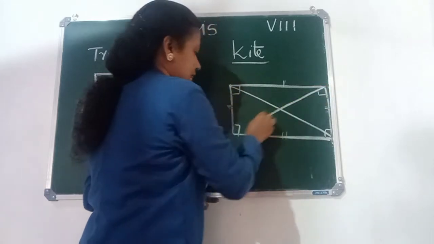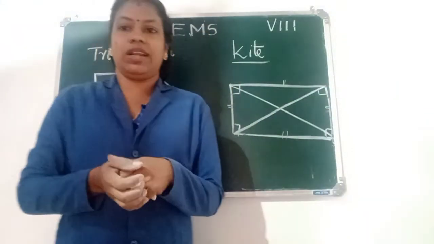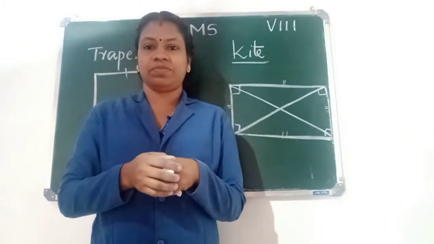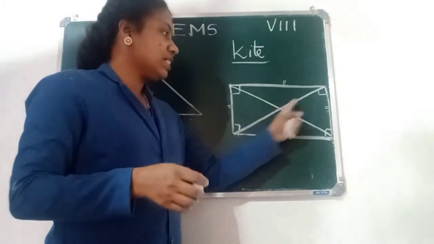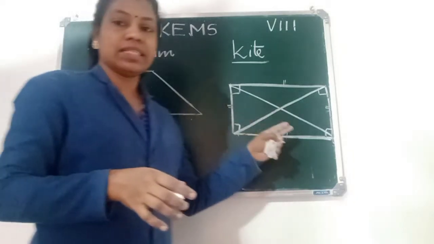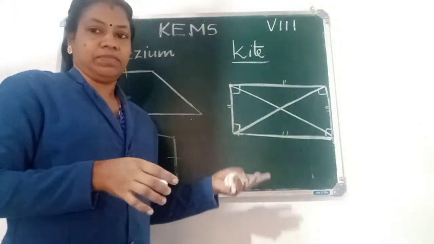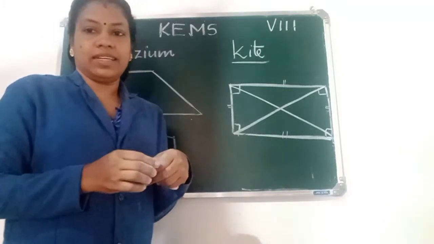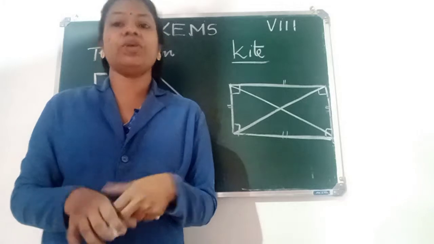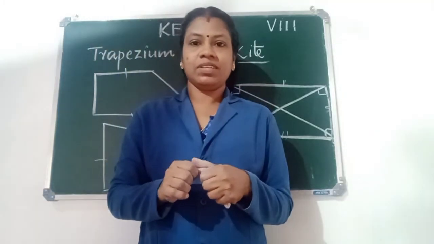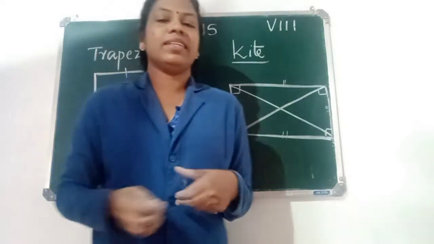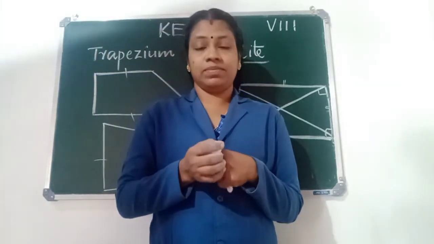In a rectangle, diagonals are equal in length, and the diagonals bisect one another. Okay, that's a rectangle. Then the last one is the square.